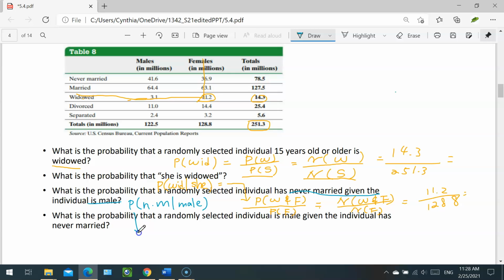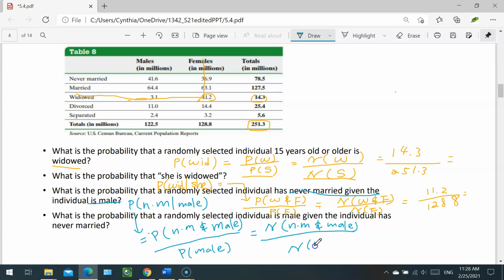So we convert it into the formula. You use the probability of never married and male, and you divide by the probability of the male. And here we only have the numbers, so we go with the number of never married and male divided by the number of male.